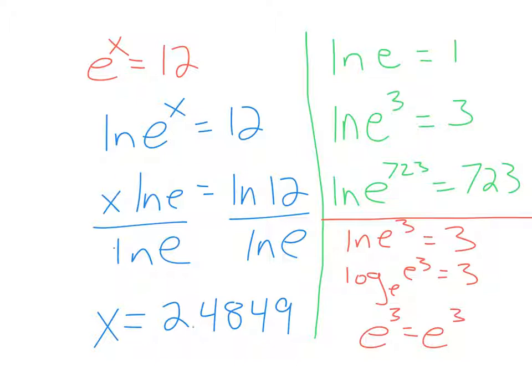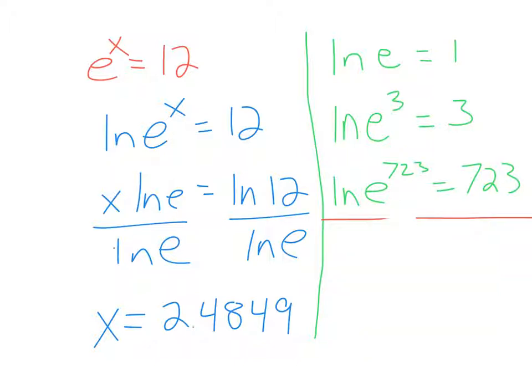If the natural log of e to the first is 1, and the natural log of e to the third is 3, and the natural log of e to the 723 is 723, then what would the natural log of e to the x equal? X. So if you're thinking in terms of an equation, how are e and natural log related? Because again, we're trying to solve for an exponent here.